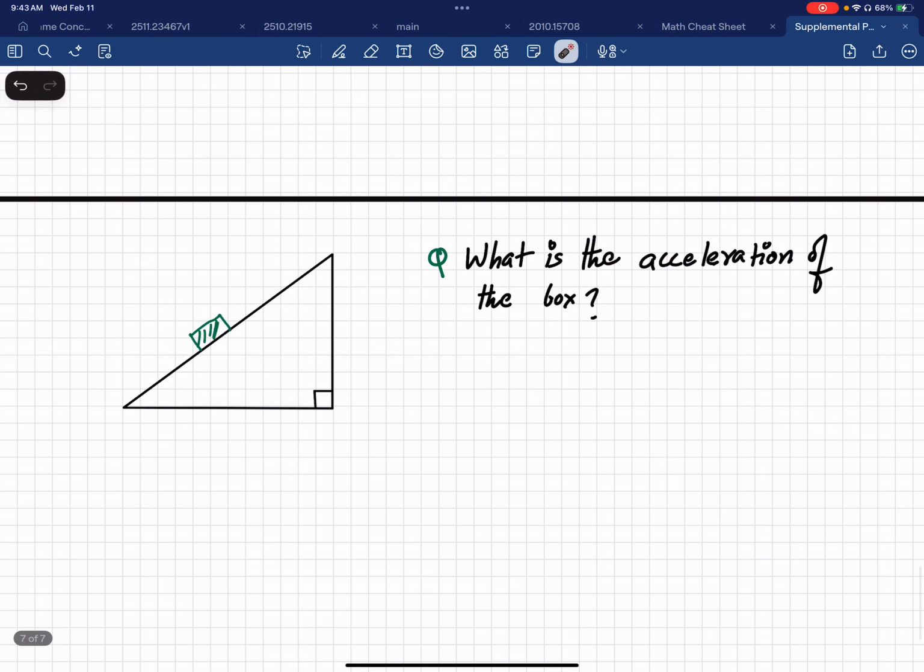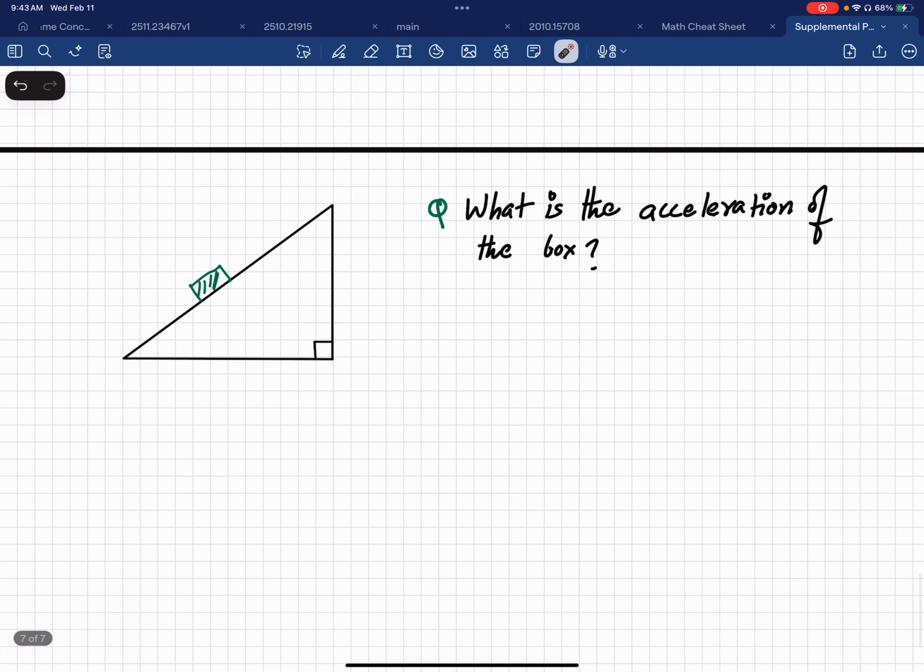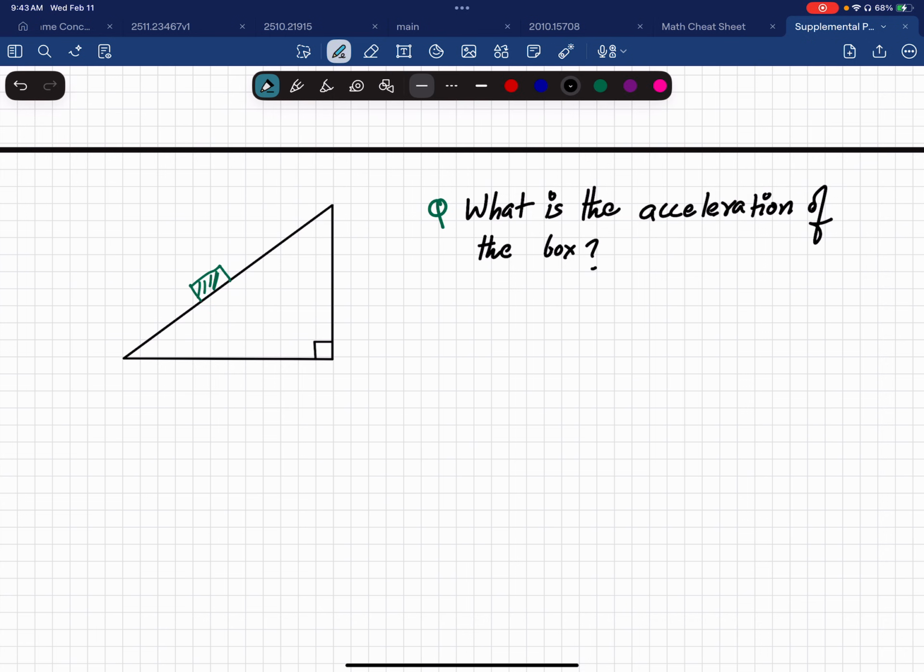Now, for the next one, we are doing an inclined plane. As I said, this is a very special case, and you need to understand very carefully how I'm approaching it. This is the first case we are discussing where the coordinate space itself will be inclined. So let's do this.